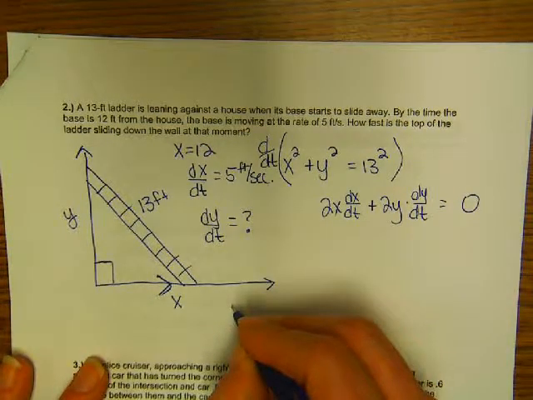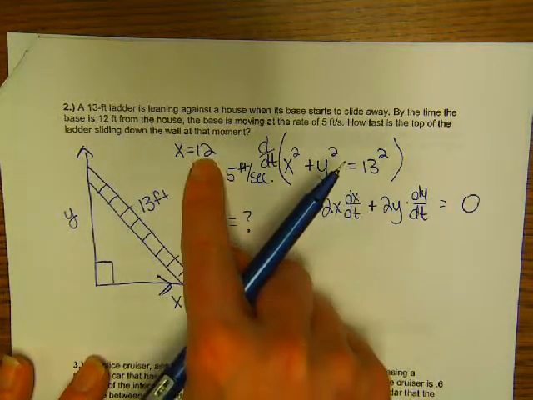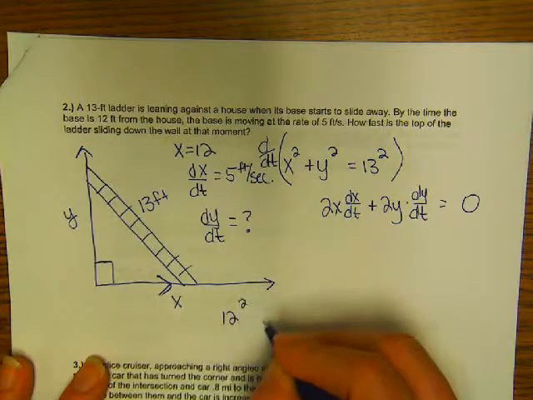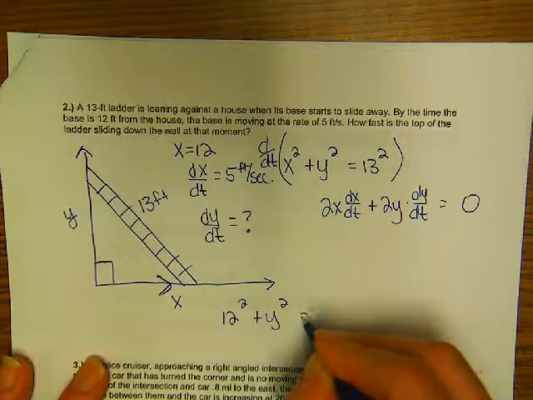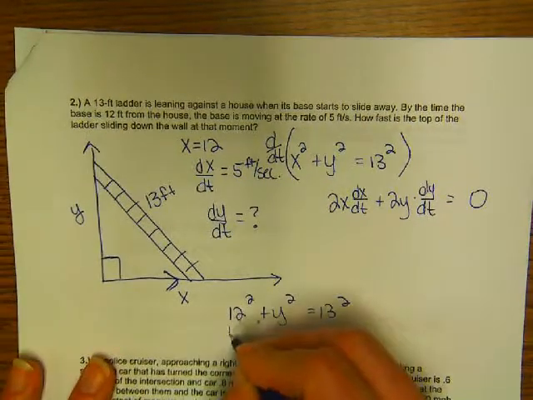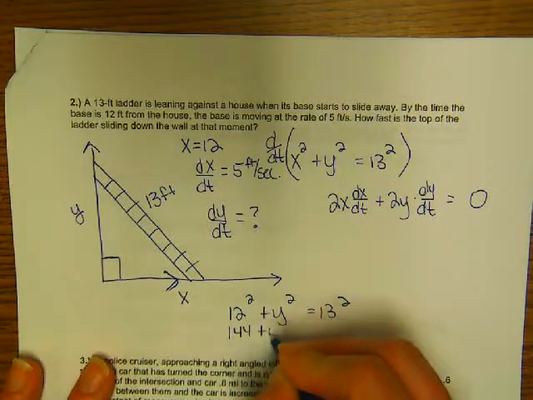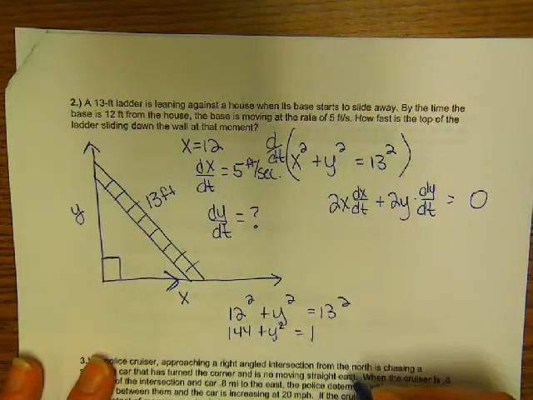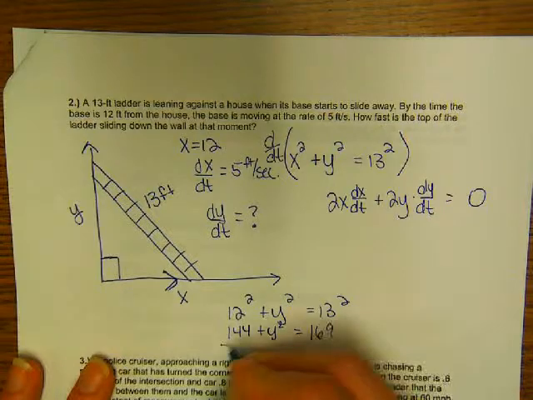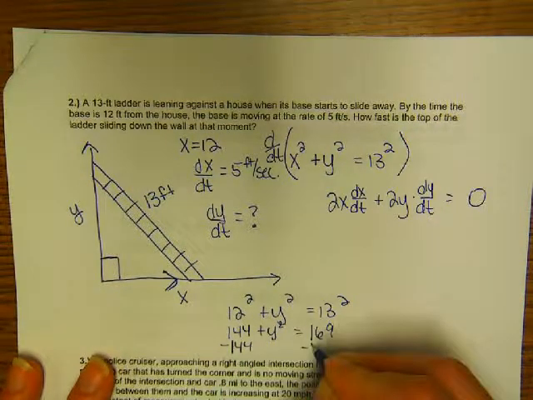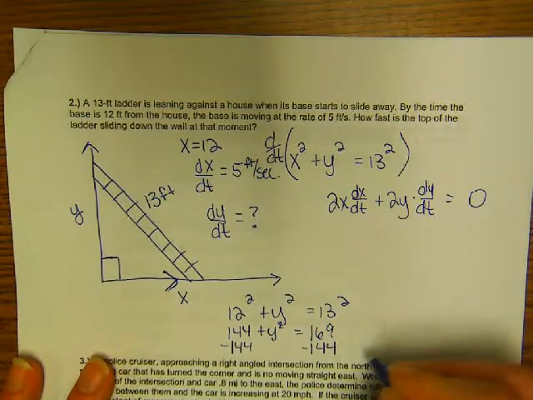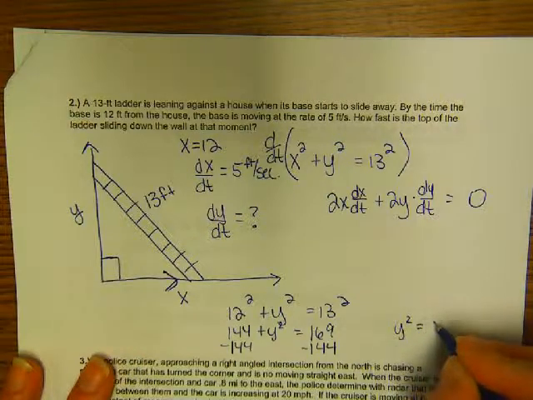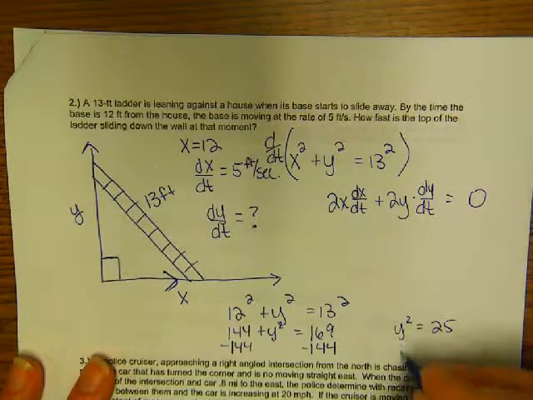If x squared plus y squared equals 13 squared, when x is 12, 12 squared plus y squared equals 13 squared. Let's do it. It's 144 equals... Nice. Y squared is 25. What's y? 5.